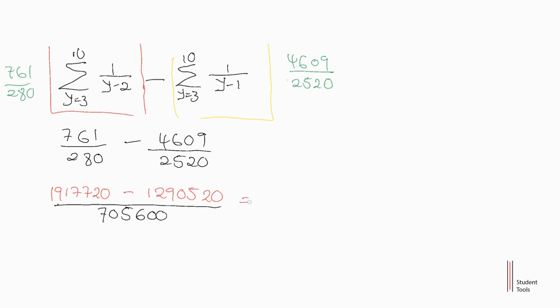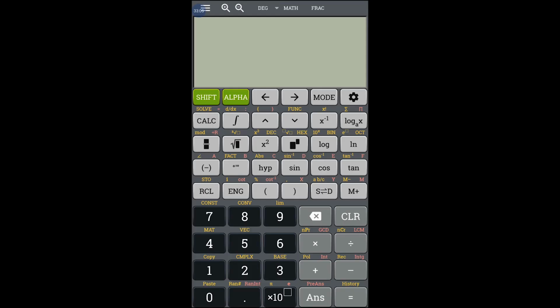So this is equal to 627,200 over 705,600. And can this be simplified? We will check with the calculator. So we have 627,200 divided by 705,600.